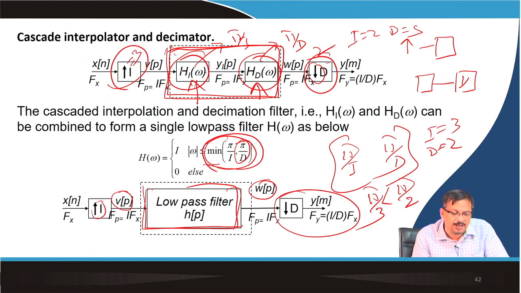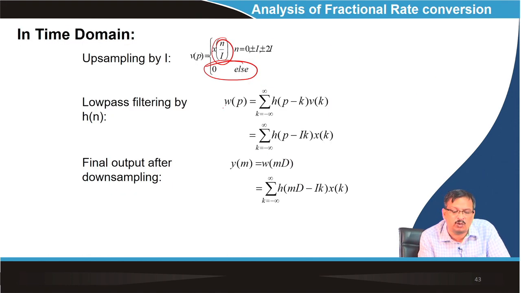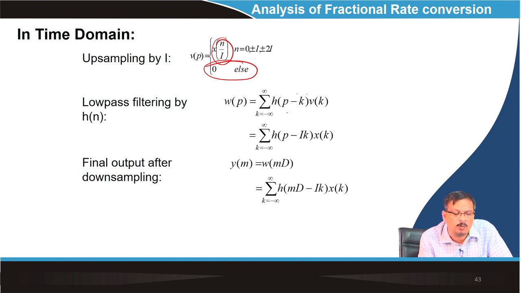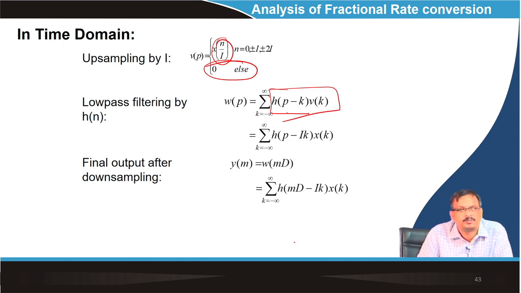And let the low pass filter be h(n). So, once we have h(n), what is the output of the low pass filter? v(n) is the input to the low pass filter, and the output is a convolution. So, I convolve v(n) with the low pass filter h(n) to get w(n). So, this is the convolution.